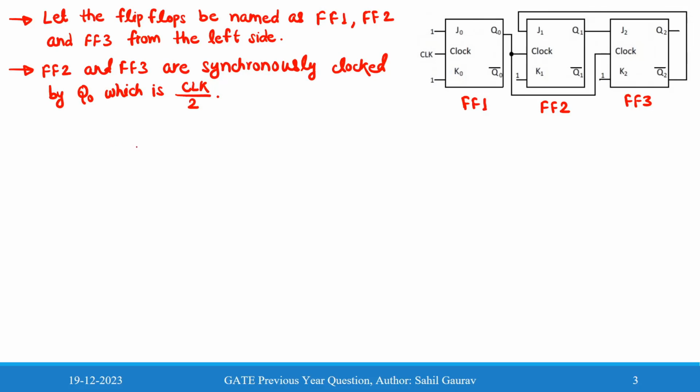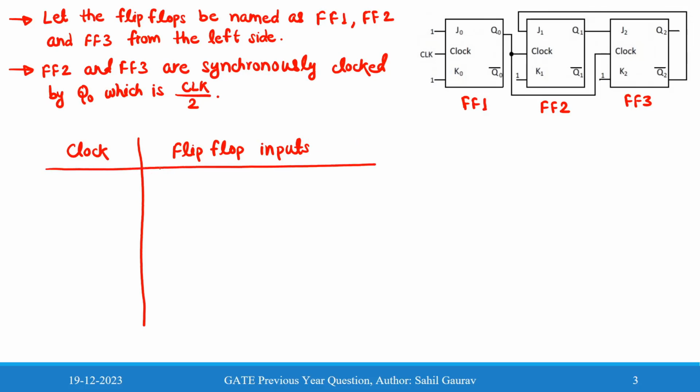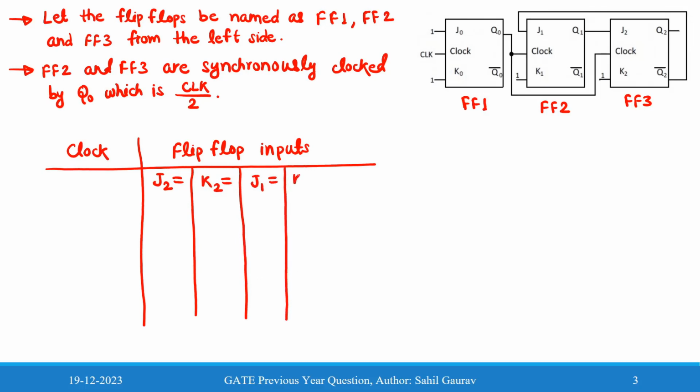So let us make the table for flip-flop 2 and flip-flop 3. First we take the clock cycle, and then we take the flip-flop inputs. The flip-flop inputs for flip-flop 2 will be J2 and K2, and again J1 and K1 for flip-flop 1. Now let us see the connections.